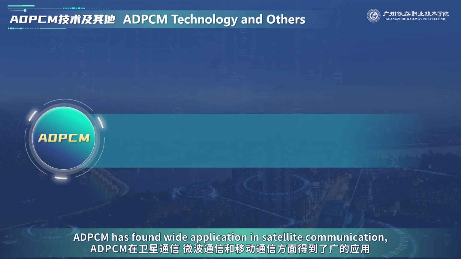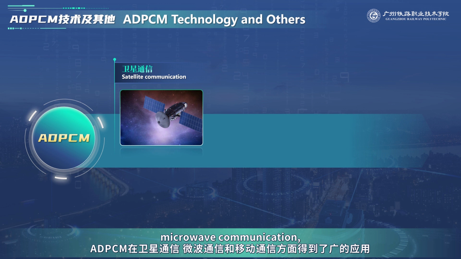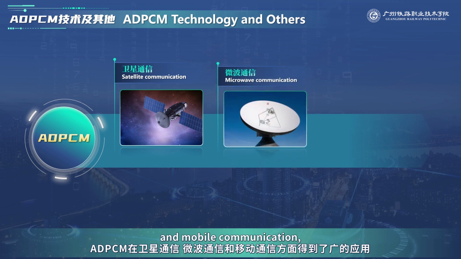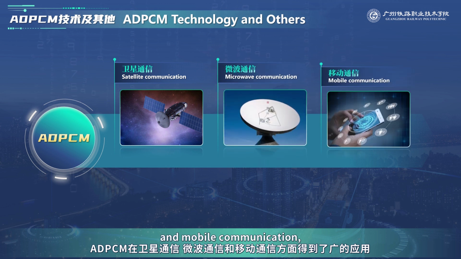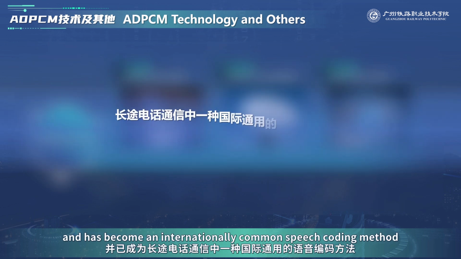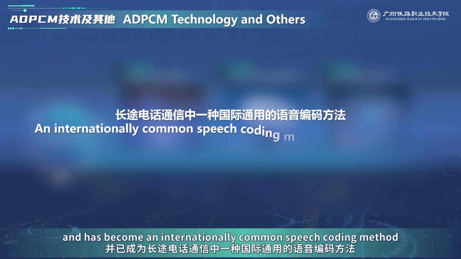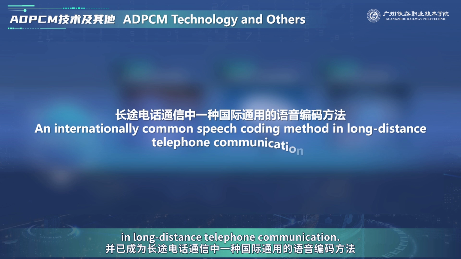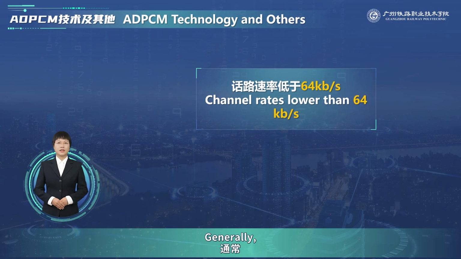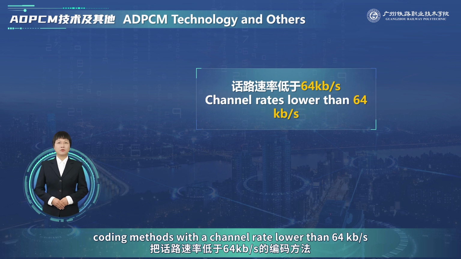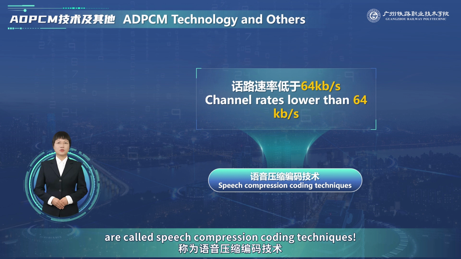ADPCM has found wide application in satellite communication, microwave communication, and mobile communication, and has become an internationally common speech coding method in long-distance telephone communication. Generally, coding methods with a channel rate lower than 64 kilobits per second are called speech compression coding techniques.